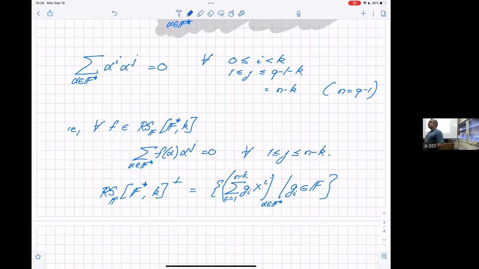In the problem set, we'll see a way to rectify this. We'll change the definition of what it means to be dual in order to make it Reed-Solomon. So correctly, the dual space should have been going from 0 to n minus k minus 1. That will not be the dual under this definition of dual. We'll change the definition of dual to make that the dual, for every S. That will be the problem set. But for now, we'll use this.